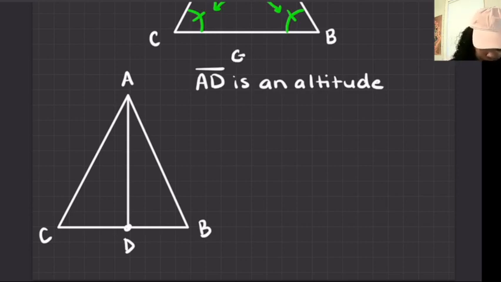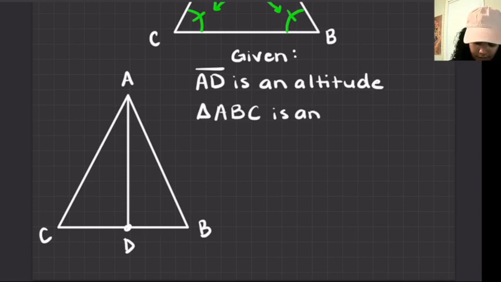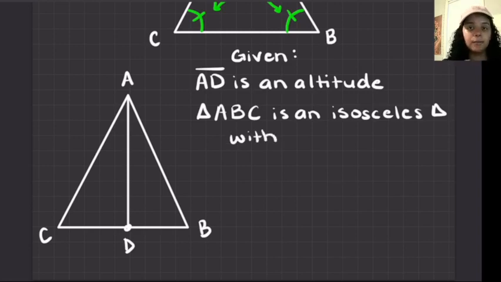So in order to prove this, I'm going to be given some information, okay? So I'm going to be given that AD is an altitude, and I'm also going to be given that triangle ABC is an isosceles triangle, okay? Because in order to use base angle theorem, I have to have an isosceles triangle. So ABC is an isosceles triangle, and usually it'll tell you which side is the base, okay?